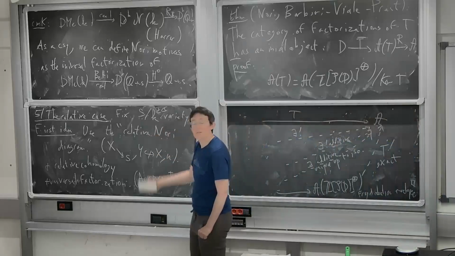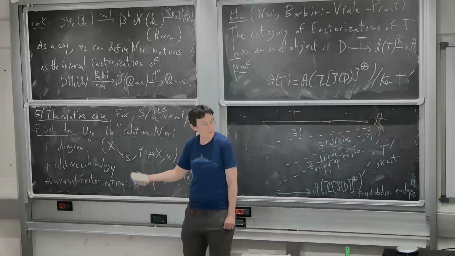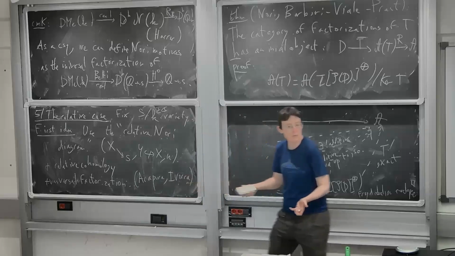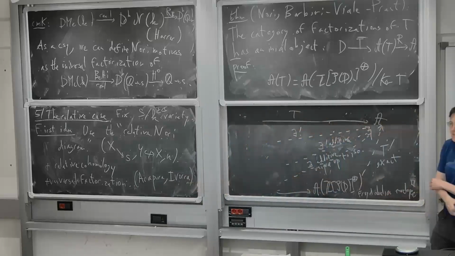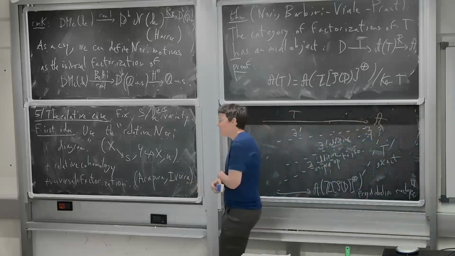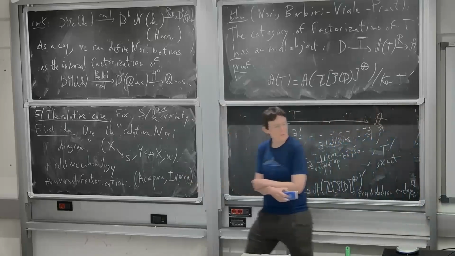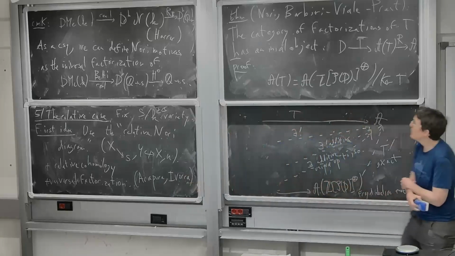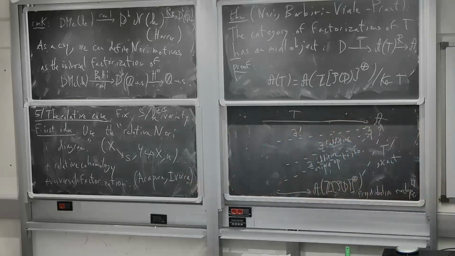But in the relative case, we don't just want to define motives over S. We want to define the operations. So the thing with these universal Nori categories: I see the scheme over K, characteristic zero, because I always use Betti realizations to define these things.